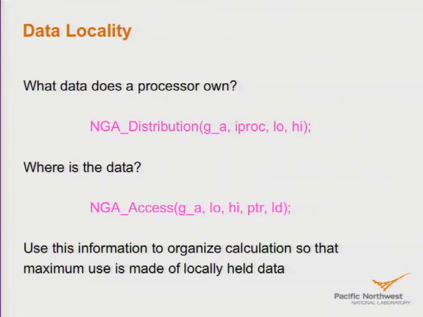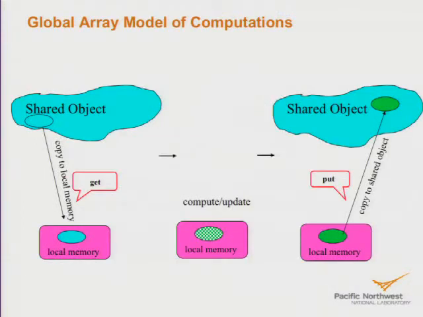And so typically what you use this information for is to partition your calculation into stuff that's local and stuff that's remote. And you want to maximize the amount of local computation you do and minimize the amount of remote data that you need. So the overall model for computation in global arrays is that you have this large distributed shared object.